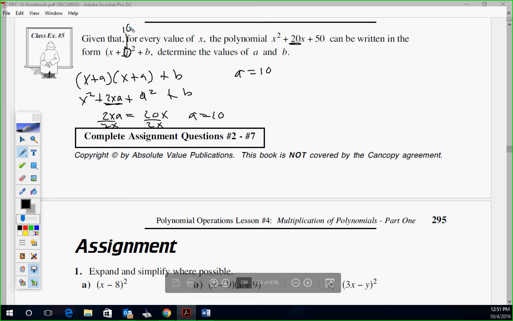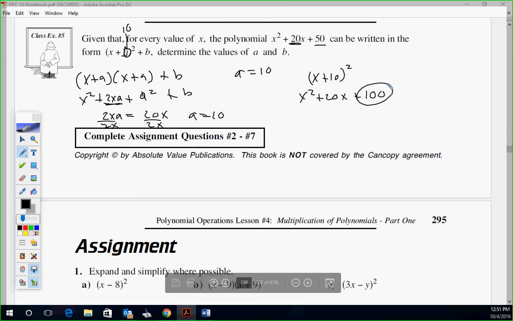Okay. So we know they tell us it's going to be x plus a number. So it has to be x plus 10 squared. So we need to figure out what that number is going to be, and then how will we get that to be 50? So if I FOIL this out, it's going to be x squared plus 20x plus 100.